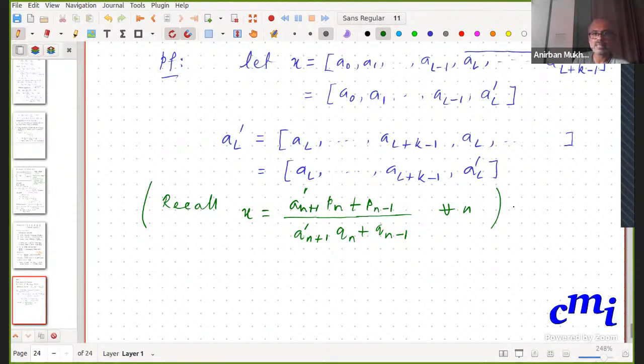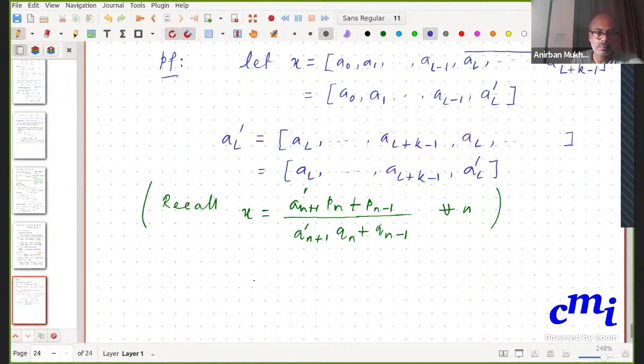So we use it here. Just think of this as the last line. This is where we use it. Just think of this continued fraction. It's a finite continued fraction now because a_L dash replaces it. It stops here. So a_L dash is the repeating part. So just think about the last line and use what we just recalled.